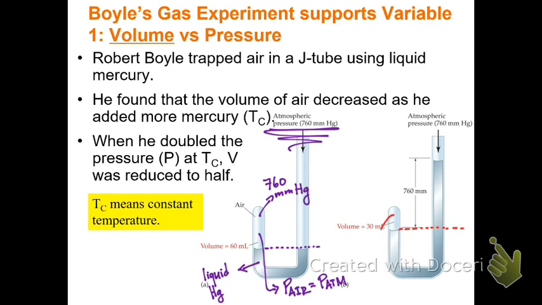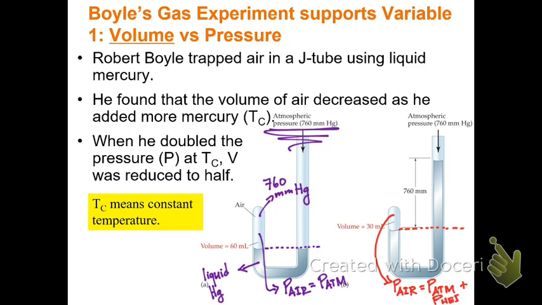How would you calculate the pressure of the trapped air here? The pressure of this trapped air is now equivalent to the pressure of the atmosphere plus the pressure applied by the height of the liquid mercury.